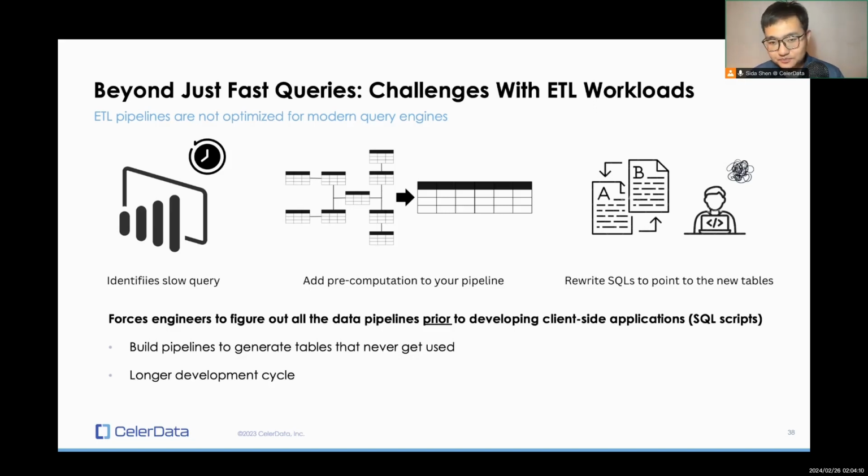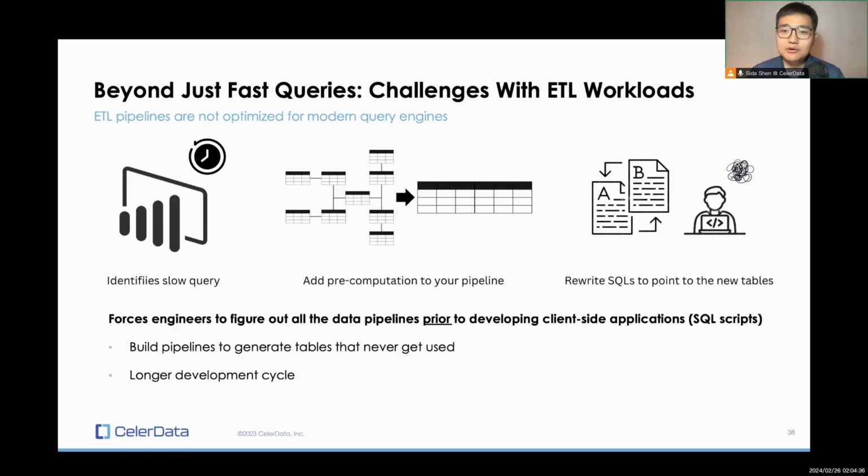Here is an example. Let's assume you're a data engineer maintaining some analytics service, and your data user identifies a slow query and reports it back to you. To solve that slow query, you add a pre-computation table to your pipeline. That can be a denormalized table that joins a bunch of other tables together.